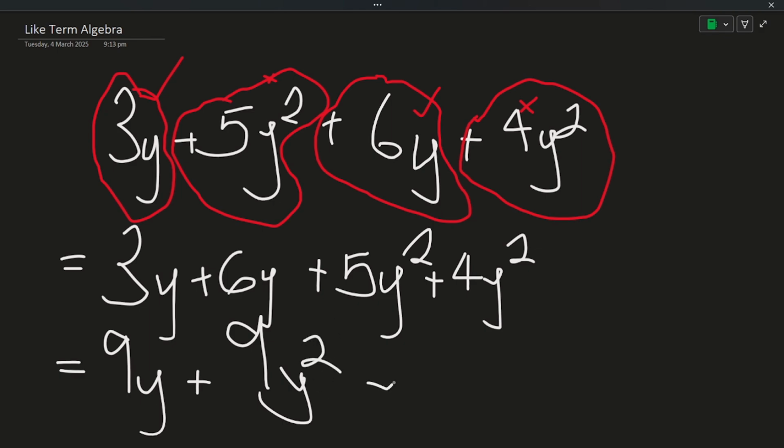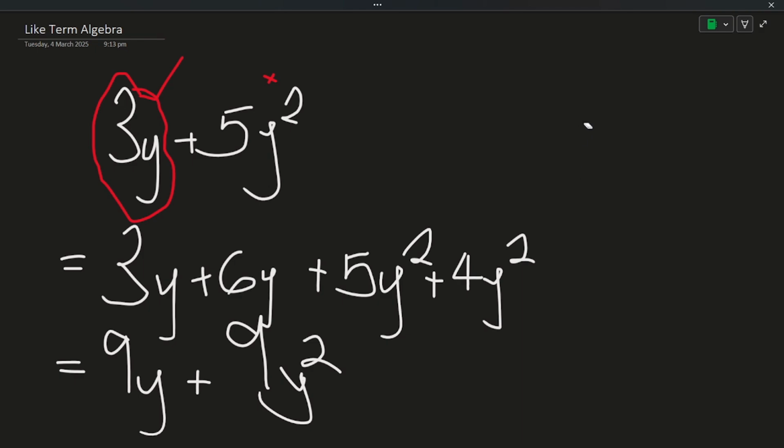So if you got this as your answer, that's correct, because 3 plus 6 is 9, and 5 plus 4 is 9 too. If you got that, pats on the back. Congrats, I guess. Continuing on, let's go into probably a little bit harder one.